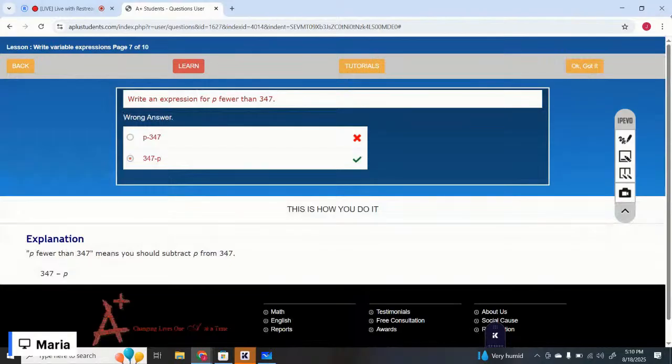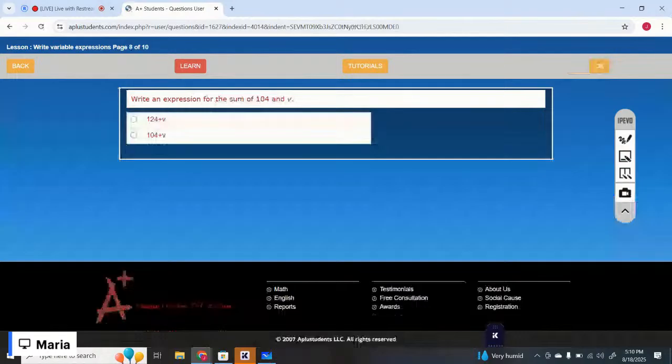That is 347 minus p. Write an expression for the sum of 104 and v. That is 104 plus v, option number 2 is the correct option. Let's just start with the next lesson.